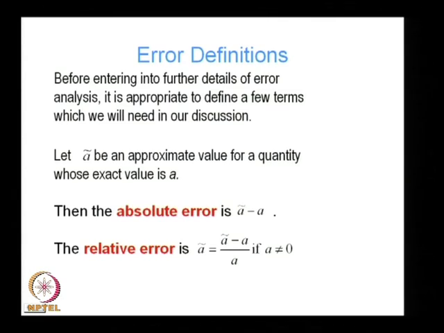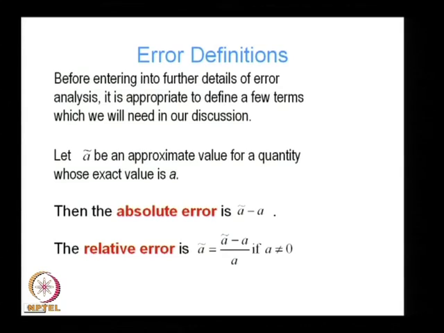That is, the absolute error is A tilde minus A. The relative error, on the other hand, is given by A tilde minus A divided by A. This of course assumes that A is not equal to 0. If A is equal to 0, we cannot define the relative error.